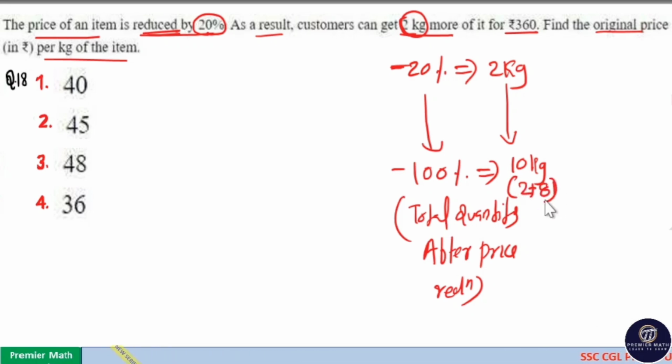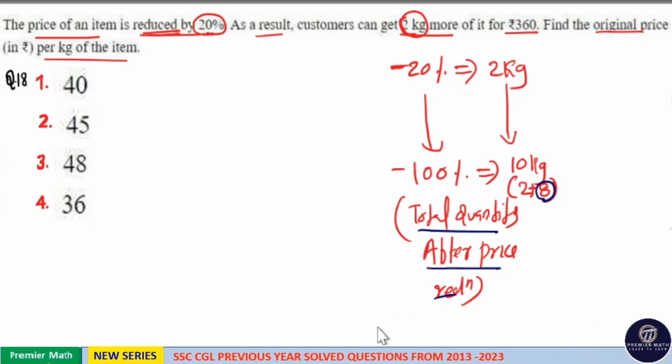That is, the original amount was 8 kilogram. To this 8 kilogram, because of this 20% price reduction, 2 kilogram was added. So this 10 kilogram is the total quantity after price reduction, which means here 8 kilogram was the original quantity and we need the original price per kilogram.